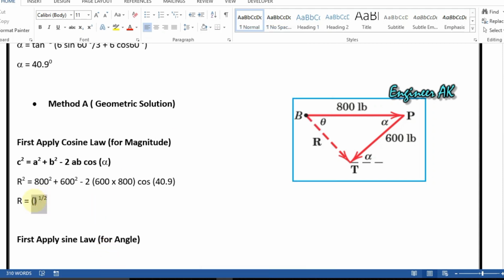So I will write here 524 pounds. So this is the resultant.